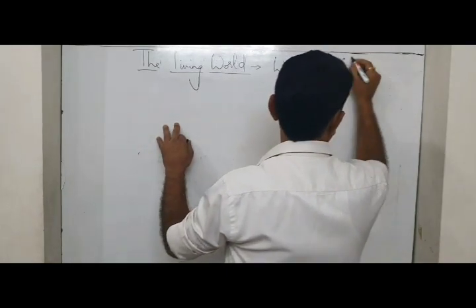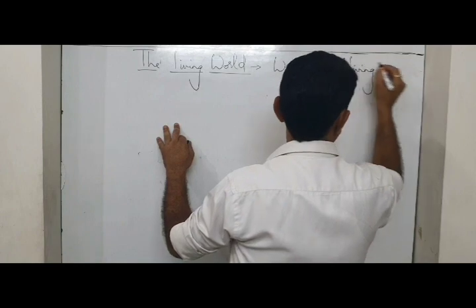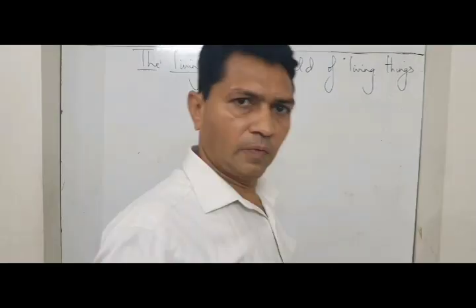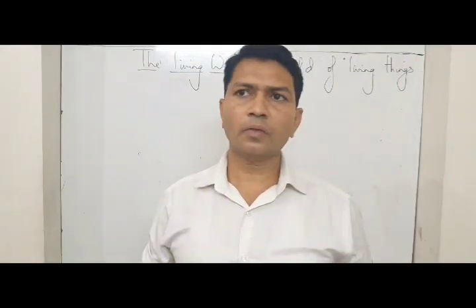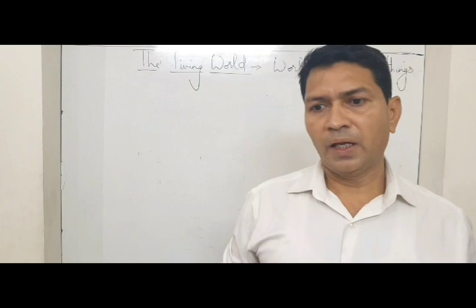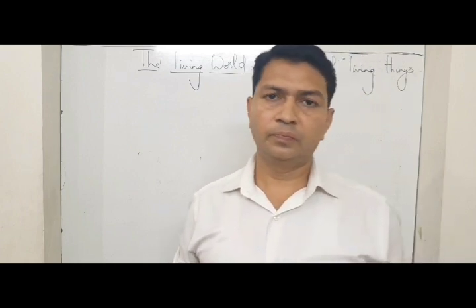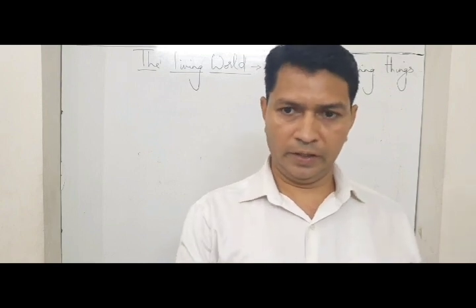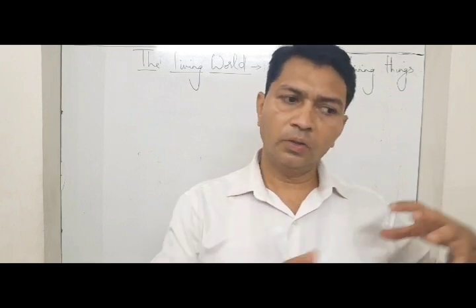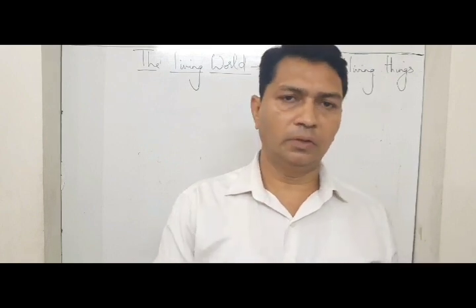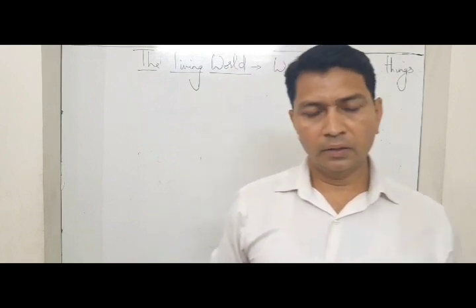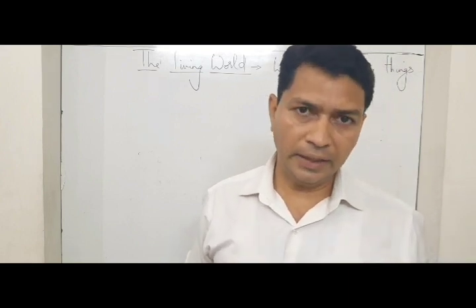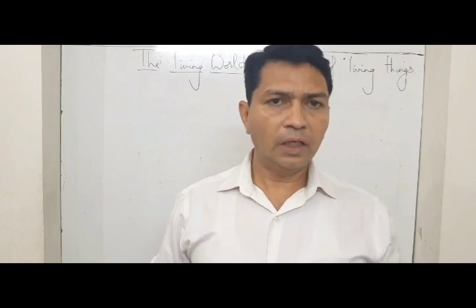In this chapter, we'll be discussing the various characteristics, features and properties of living things, how living things are different from non-living things, and the sciences which help us to efficiently or easily study living organisms.